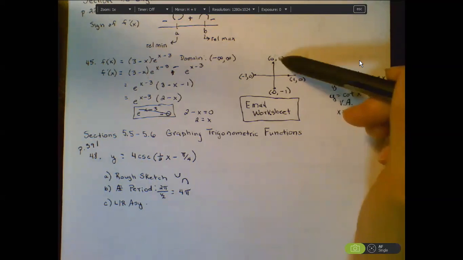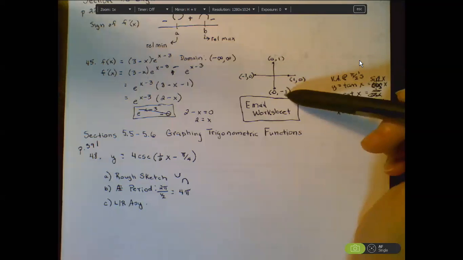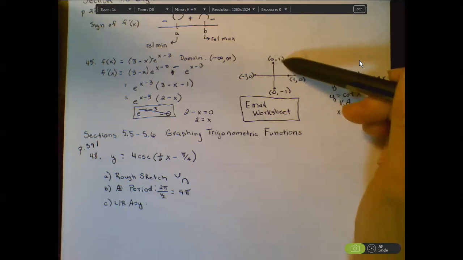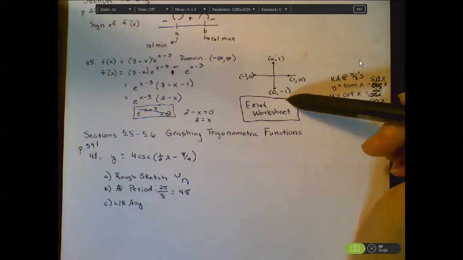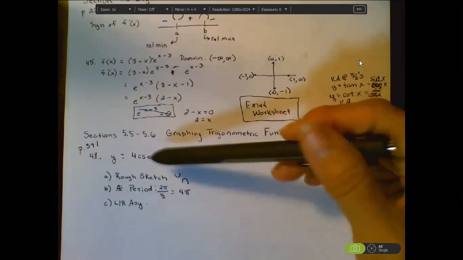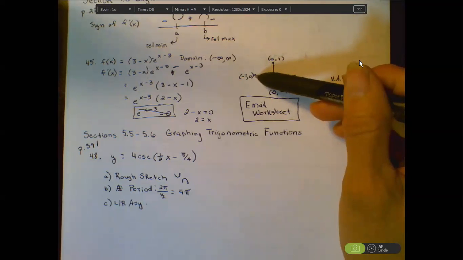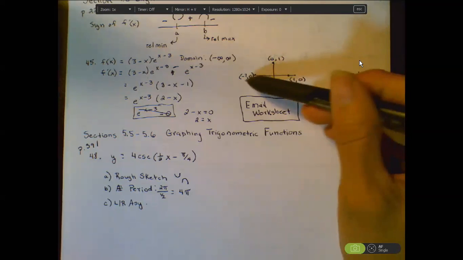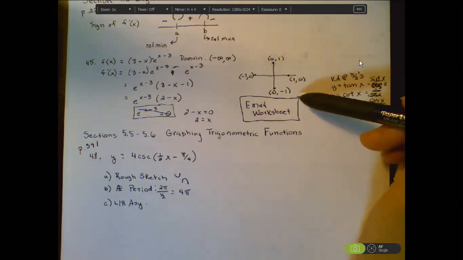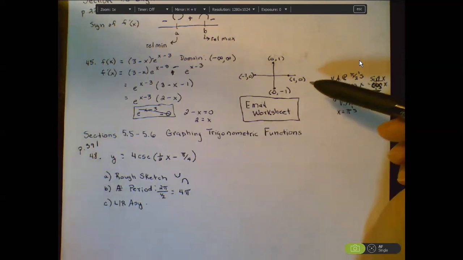The half pies, sine is 1 or -1, so cosecant would be 1 or -1. Cosecant has asymptotes where y is 0, and that's on the x-axis, or the whole pies. Does that make sense, Evan?